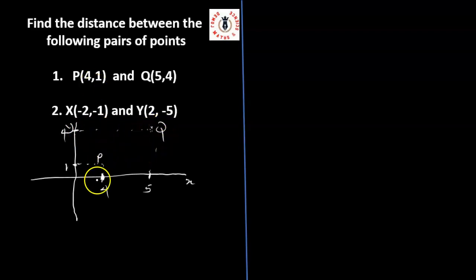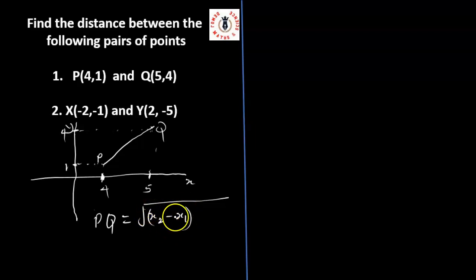Now, the same thing happens just like we saw in our distance formula. There is a distance between P and Q. The line PQ, which is the distance between P and Q, will be the same thing as the square root of x2 minus x1 all squared plus y2 minus y1 all squared.